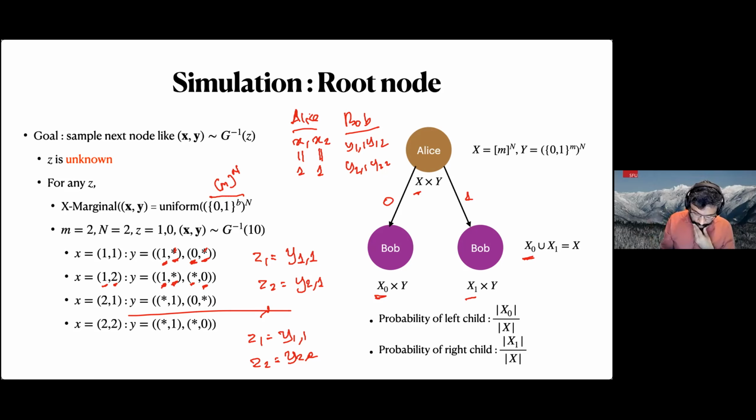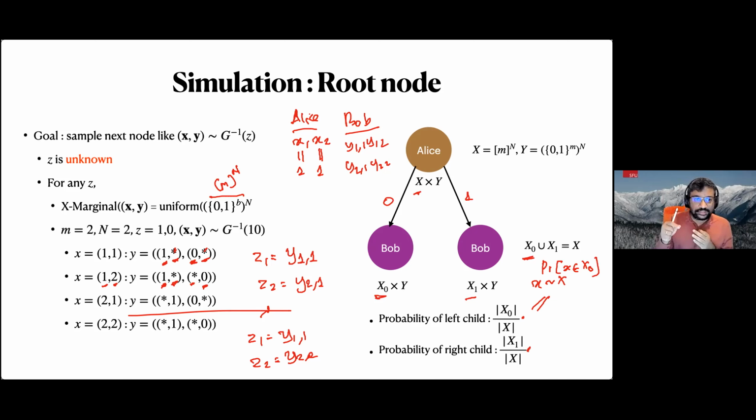So now we will choose the left child with probability X0 over X and the right child with probability X1 over X. If you sample an X from capital X, the probability that this X goes into X0 is exactly equal to this.